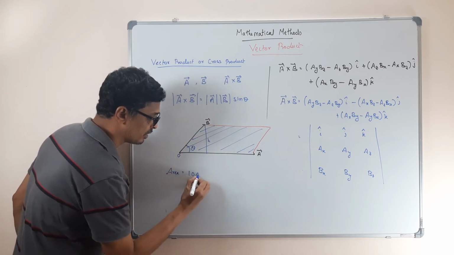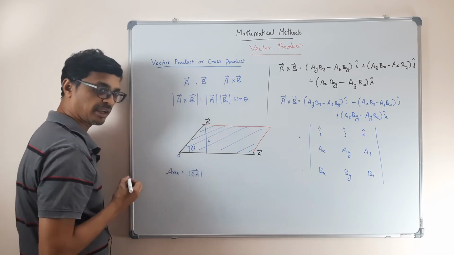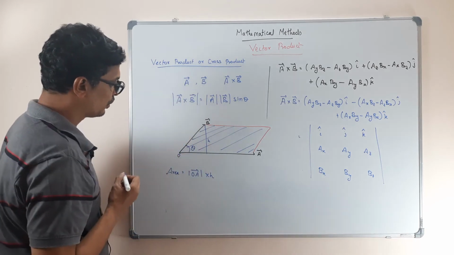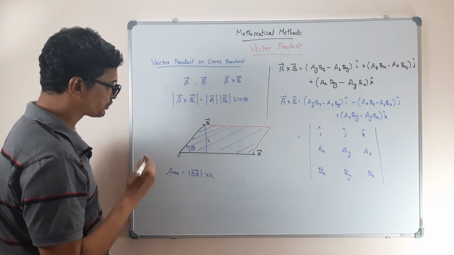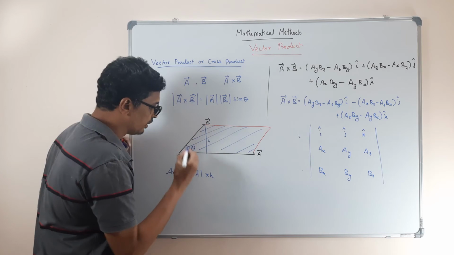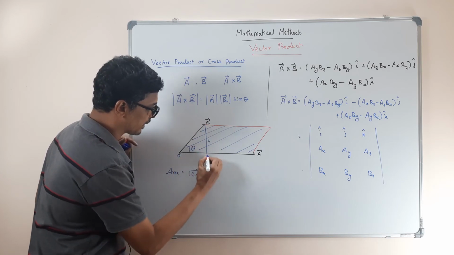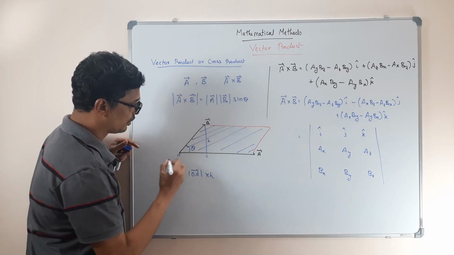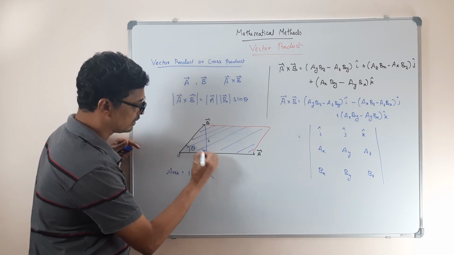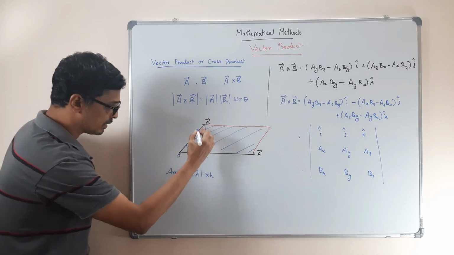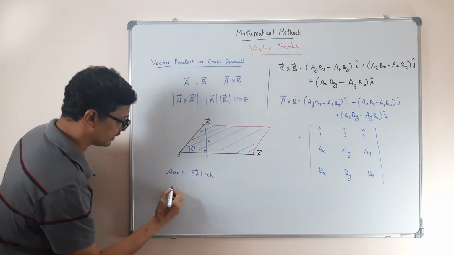OA magnitude, into height h. So what will be your height? Let me call this B, and let me call this point C. This is a right angle triangle. So OB, well, tell me what is sine theta?